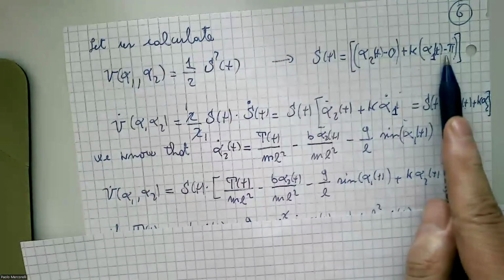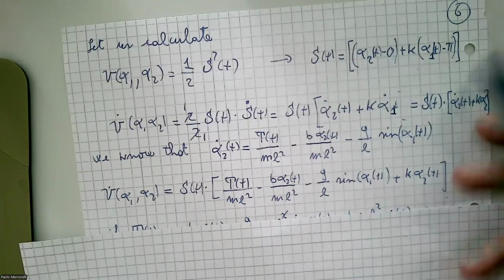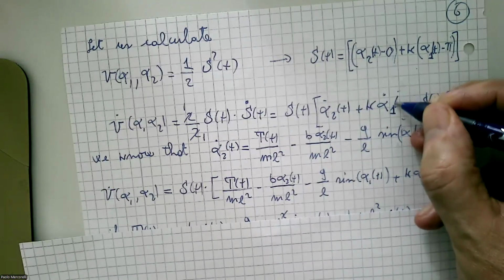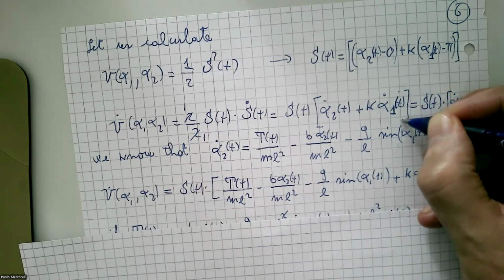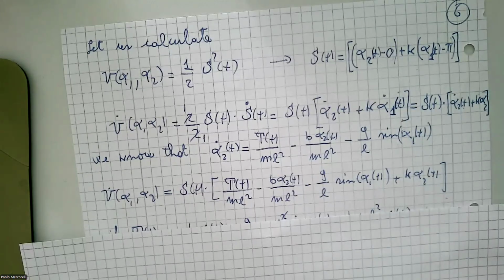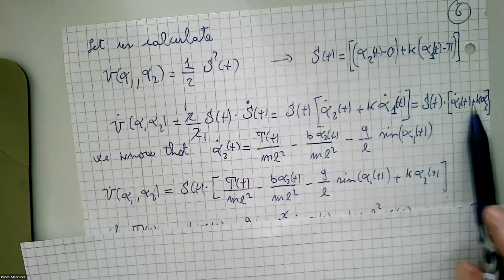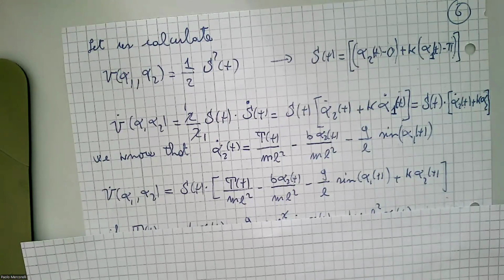Because it came from here, no? Pi is 0 when I do the derivative. Now probably it's a little bit better, no? We have here alpha 2 derivative plus k multiplied by alpha 2.